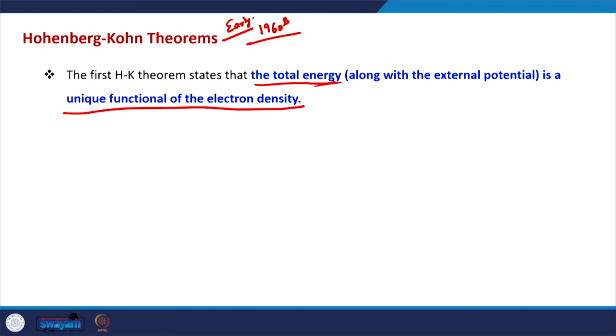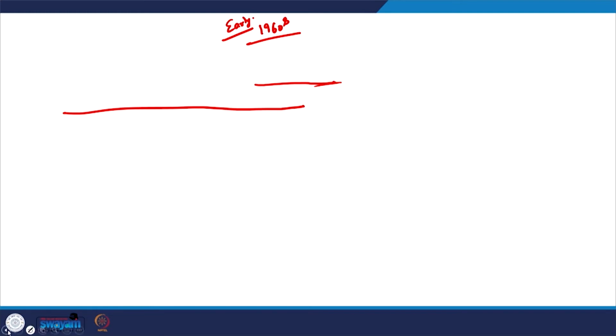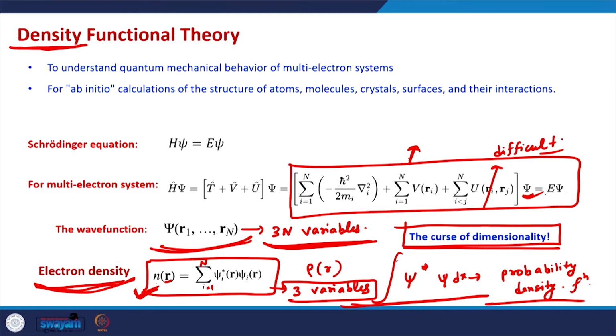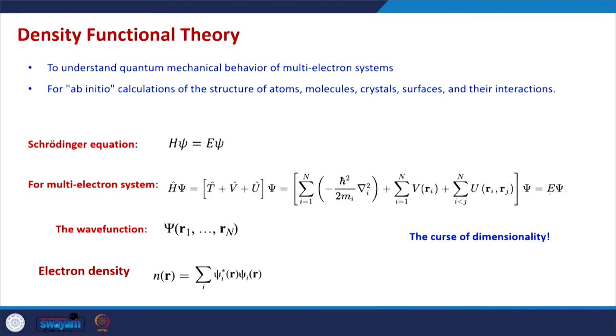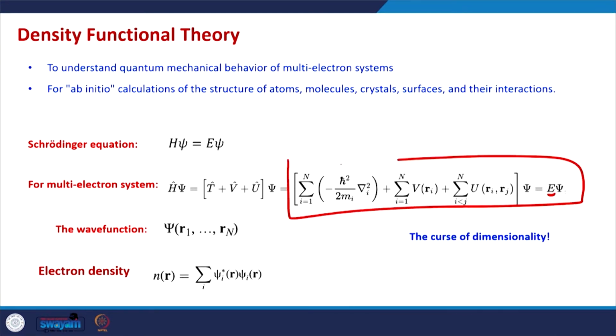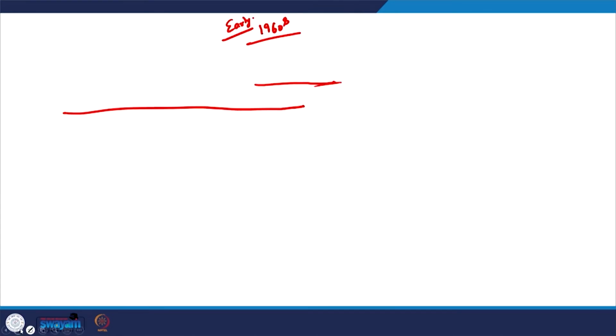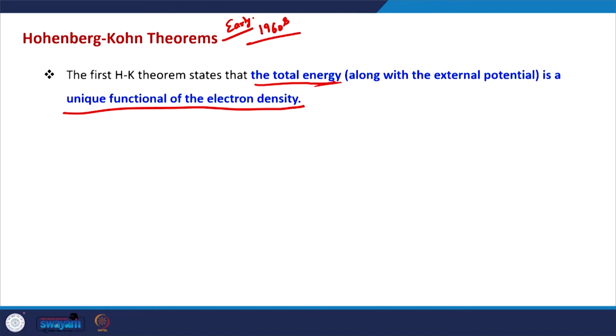What it means is, if we go back to the previous slide, the energy of the system depends on the Hamiltonian, and according to the Schrodinger equation we need to solve it. But the HK theorem says that this energy of the system is a unique functional of the electron density. So we can somehow calculate the energy from the electron density alone.